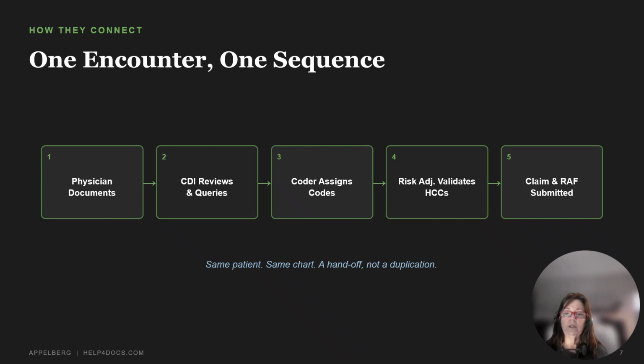Once the documentation is finalized, the coder will step in and translate that documentation into ICD-10, CPT, or HCPCS codes. So that's actually coding out the chart. These codes go into the claim that gets submitted for payment.